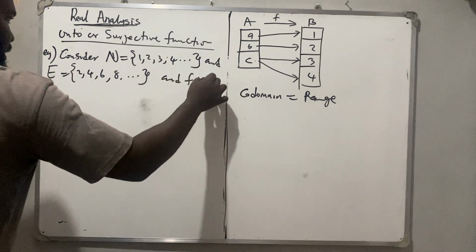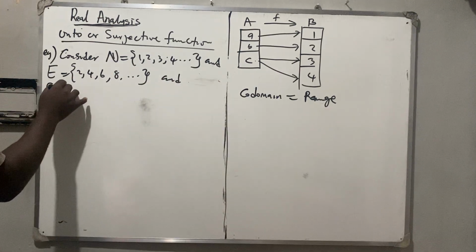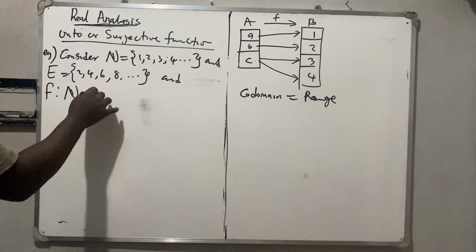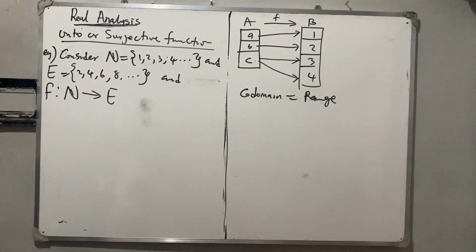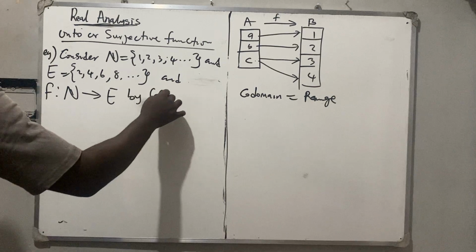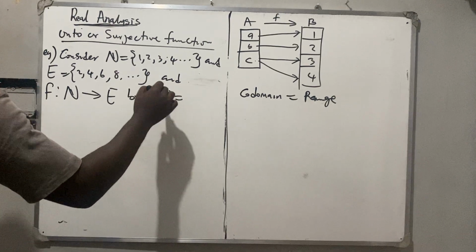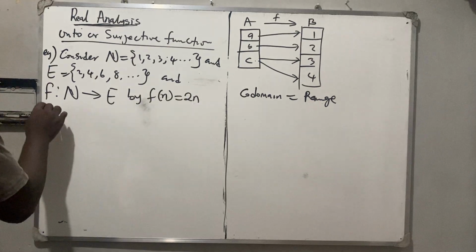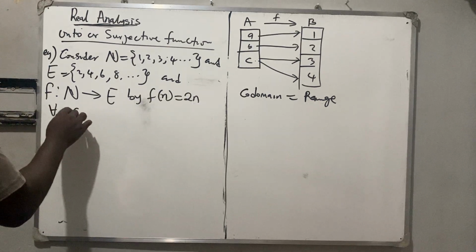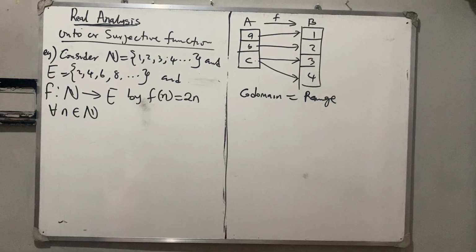F maps N to E, okay, by F of N is equal to 2N for all N belonging to what? To a natural number. Okay? Now, if we have this, we will conclude that what?